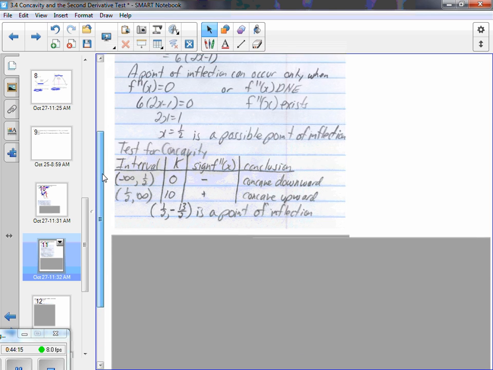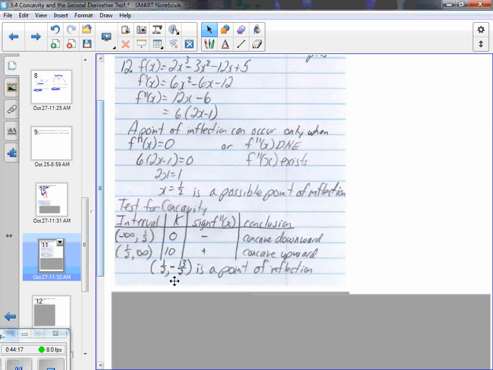And so when x equals 1/2, the original function equals negative 13/2, or decimals are okay. Don't give me decimals if you don't have to, but decimals that terminate are all right. Don't round things off unless you really have to. Okay? So (1/2, negative 13/2) is the point of inflection. There can't be another one. Not for this function.